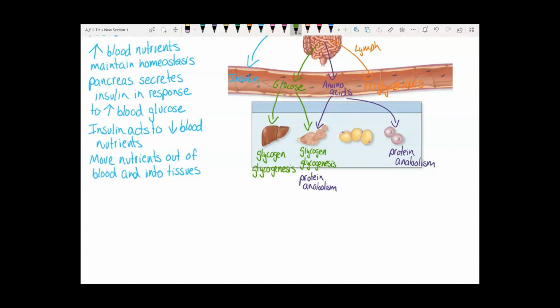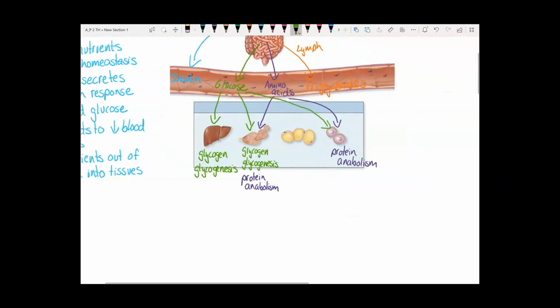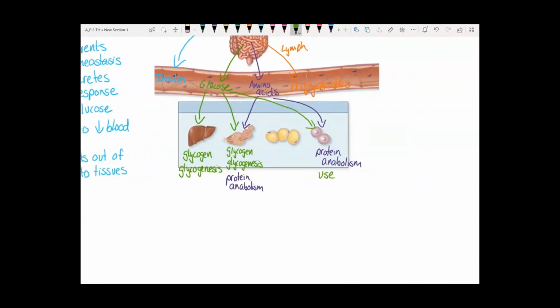The cells in general will also take glucose in response to insulin, and they are going to use the glucose to make ATP. Then the triglycerides are going to go here to your adipose. So that's a picture of some adipocytes. And you're going to do lipogenesis. And you're going to store the triglycerides as adipose. You're going to add to your body fat.